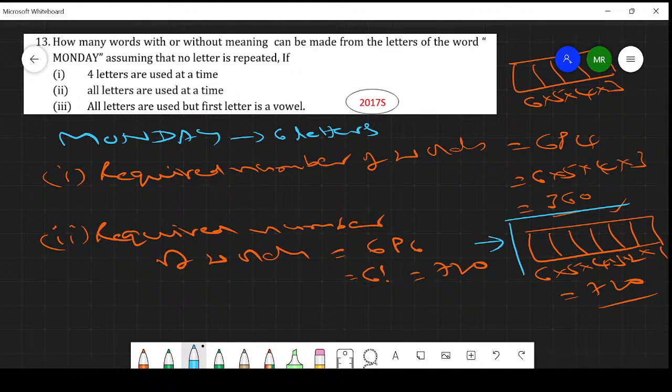Correct? Third one: all letters are used but the first letter is a vowel. Check how many vowels we have. In the word Monday, O is a vowel and A is a vowel.